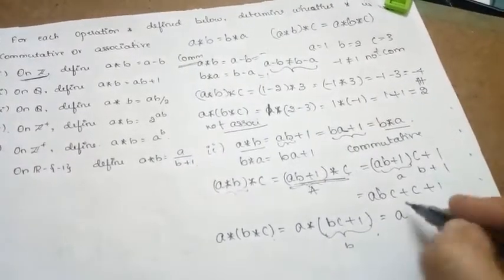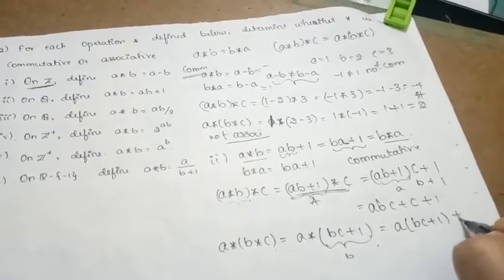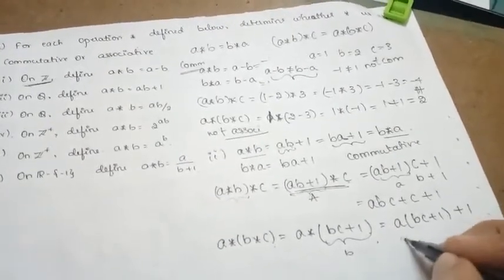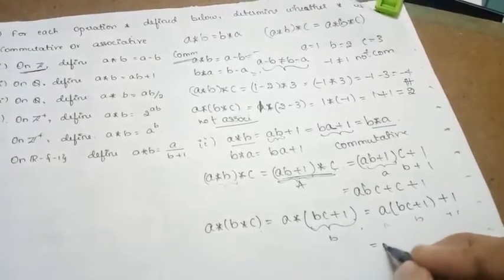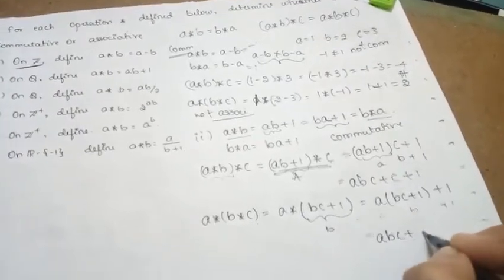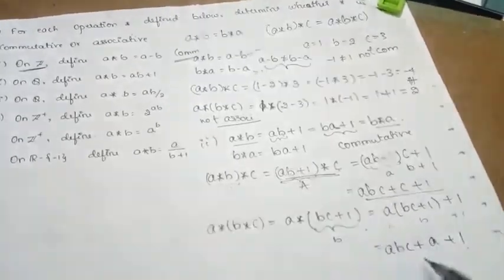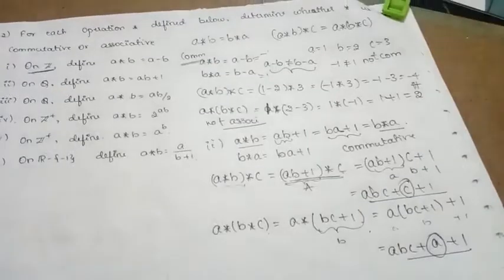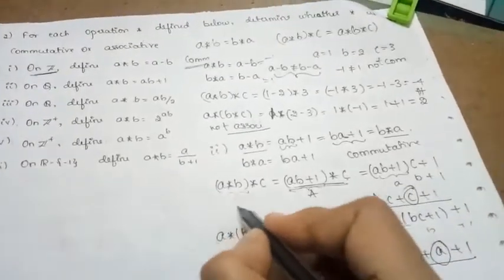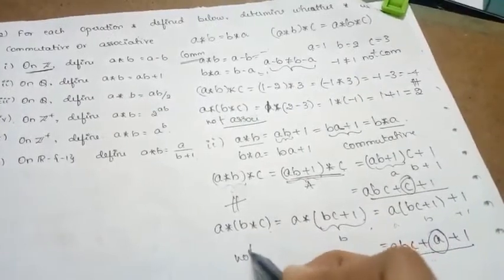A, B is this one, that is BC plus 1 plus 1. Now it is in the form of AB plus 1. Now if you multiply this, what are we going to get? ABC plus A plus 1. Obviously this one is not equal to this one because here we are having C, here we are having A. So clearly LHS is not equal to RHS, so it is not associative.